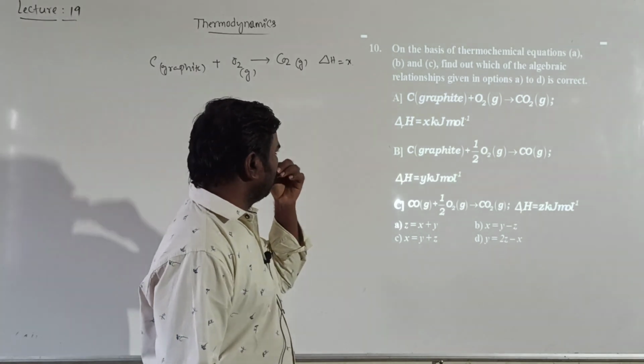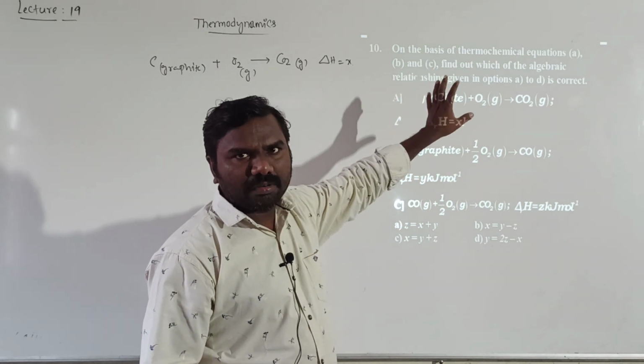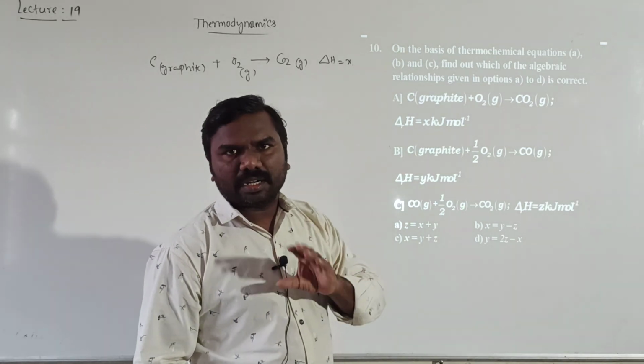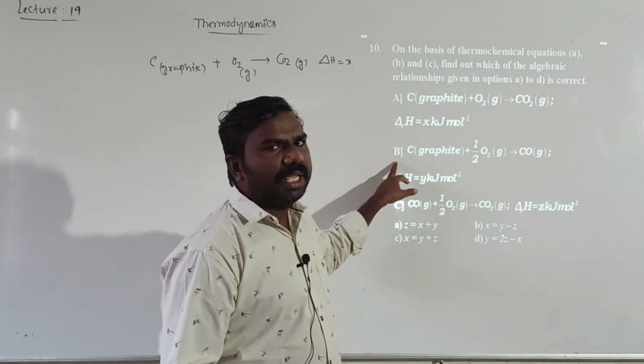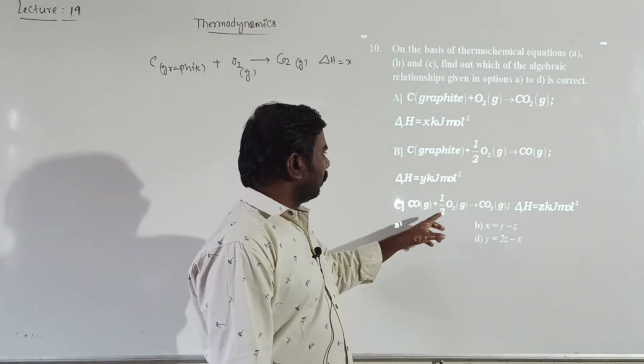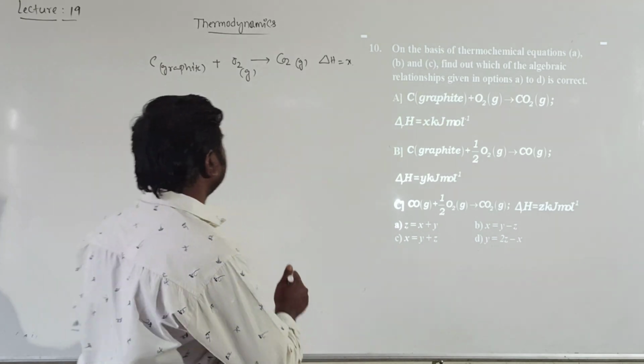To get the required equation, graphite is on the reactant side, here also graphite is on the reactant side, so equation B is as it is. Next, CO2 is on the right side, in equation C also CO2 is on the right side, so equation C is also as it is.